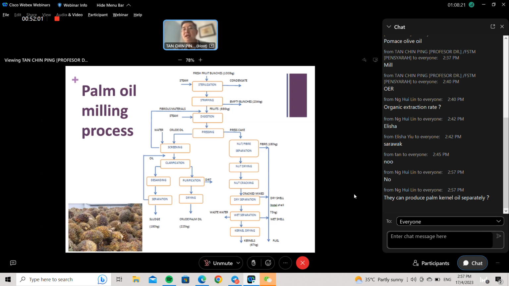If this is your answer, my next question in the exam is, why must we produce palm kernel oil separately? Why can't we mix palm oil together with palm kernel oil? If you go into industry, and industry asks you these questions, how are you going to answer?